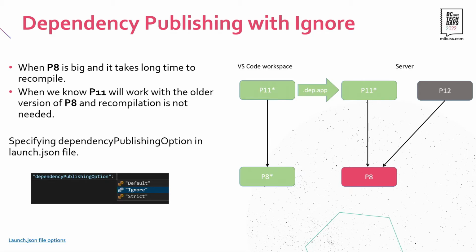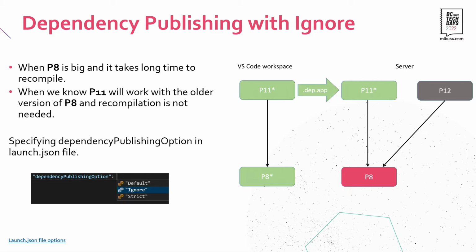Again, we take as an example our base app, our benchmark for a big application. As I said, you might want to actually ignore publishing P8. If P8 is big, and you know that your changes to the app that extends P8, or depends on P8, are not breaking changes.